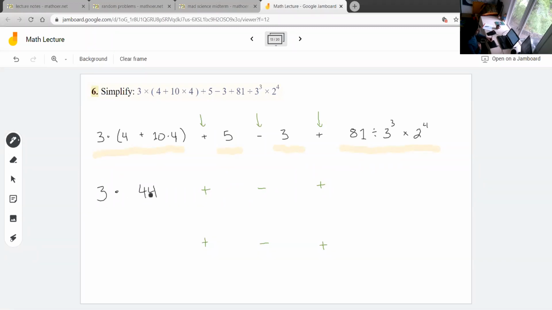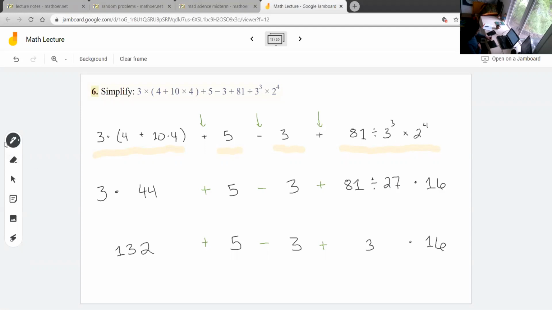And then 3 times 44, well, 3 40s is 120, so 132. 5, that's just a 5. 3, that's just a 3. And here we have 81 divided by 3 times 3 is 9, times another 3 is 27. And 2 times 2 is 4, times 2 again is 8, times 2 again is 16. 81 divided by 27 is 3.